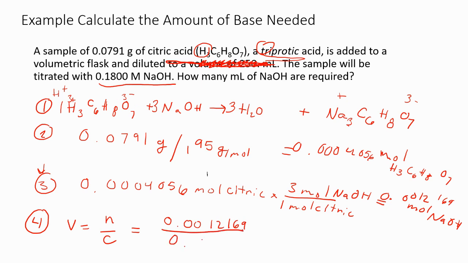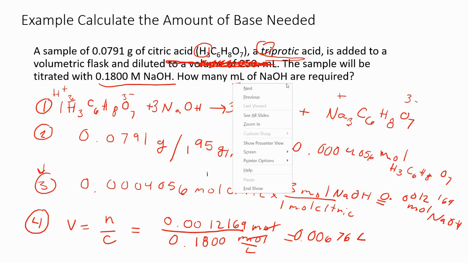So it's 0.1800, and this is moles per liter. So moles cancels, we end up with liters. So divided by 0.18, this gives me 0.00676 liters. Alex is probably going to ask you for this in milliliters, so you're going to have to convert.